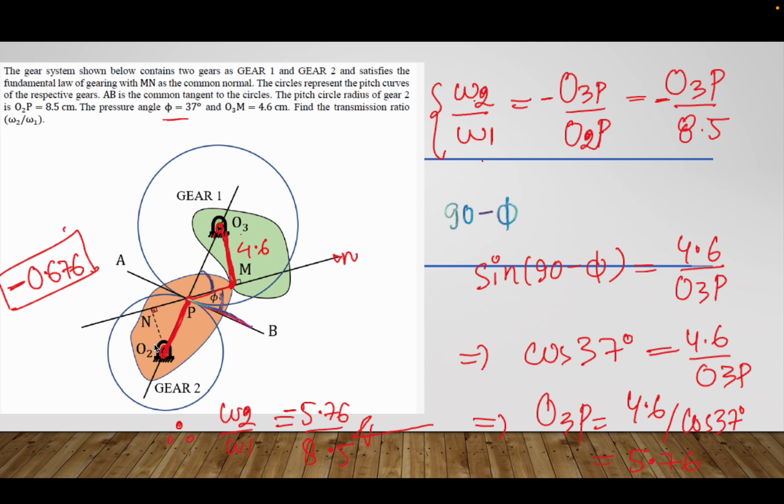This point I have denoted as 3, so I call this VC3. For this, the normal component of VC3 will be equal to Vm.